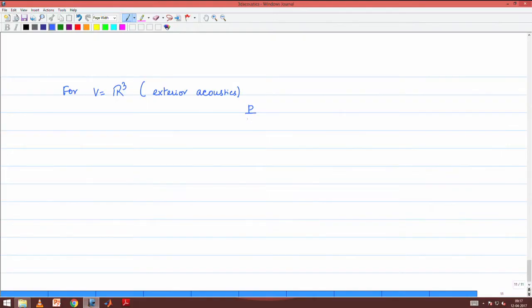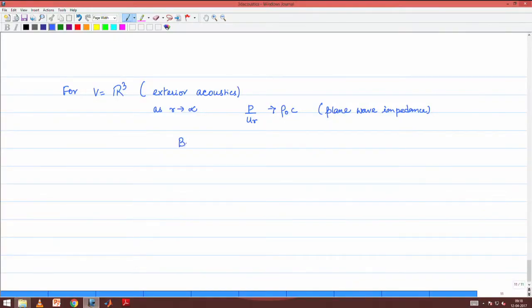Somehow we want this quantity, pressure by velocity along the radial direction, to go to rho naught c, which is the plane wave impedance, but this should happen only at large distances, as r tends to infinity. So, at large distances the boundary condition demanded for a complete infinite domain problem is that the pressure by velocity should go to rho naught c.